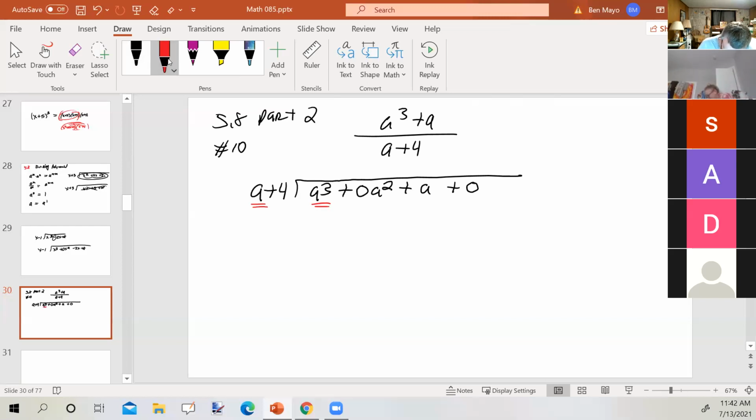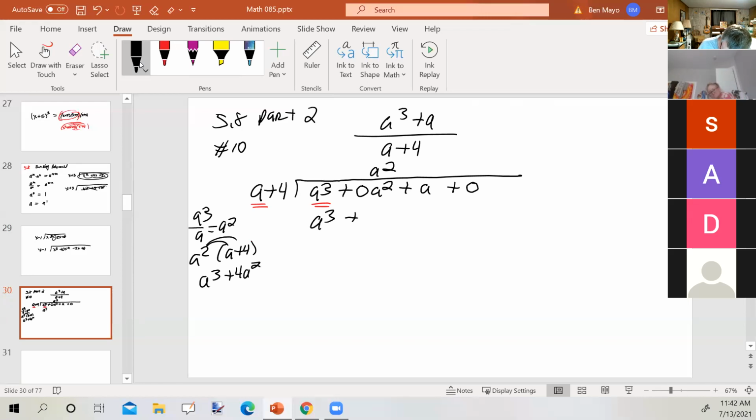Leading term inside divided by leading term outside. A cubed divided by a is a squared. Then we take a squared times the divisor a plus 4, and we get a cubed plus 4a squared, which I write here.